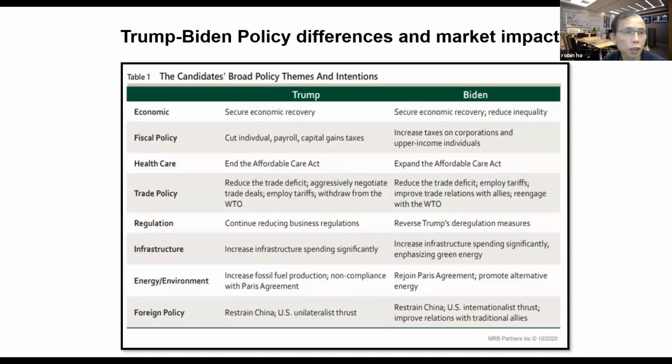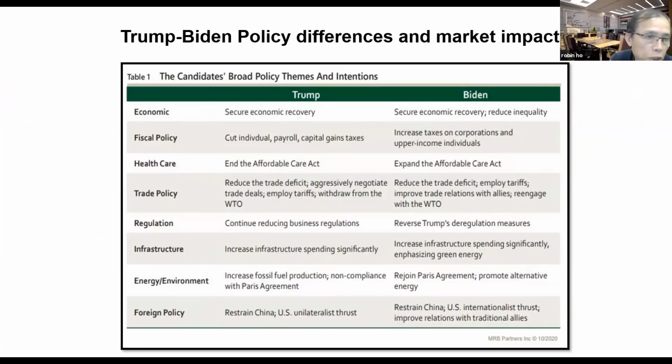So what is the difference between Biden's policy and Trump's policy? Both want to secure economic recovery, but Biden wants to reduce inequality. It will not be just policy aimed at Wall Street and the rich, but he will seek to make sure that wealth is more equally distributed.